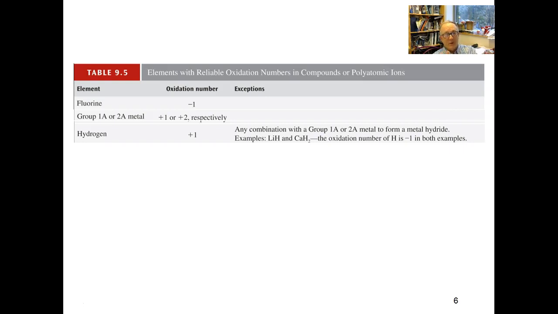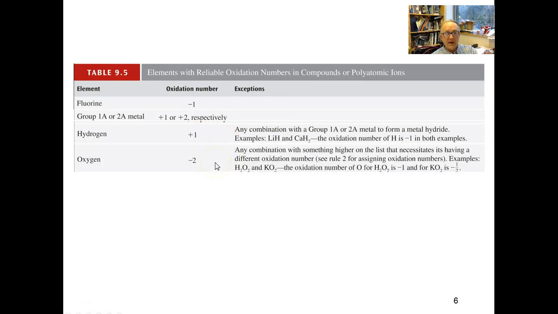So in lithium hydride or calcium hydride, lithium would have a +1 oxidation number, and that hydrogen is going to have a -1 in that compound. Calcium hydride, CaH2: calcium is +2, so here each hydrogen has to be -1. Oxygen is almost always -2.